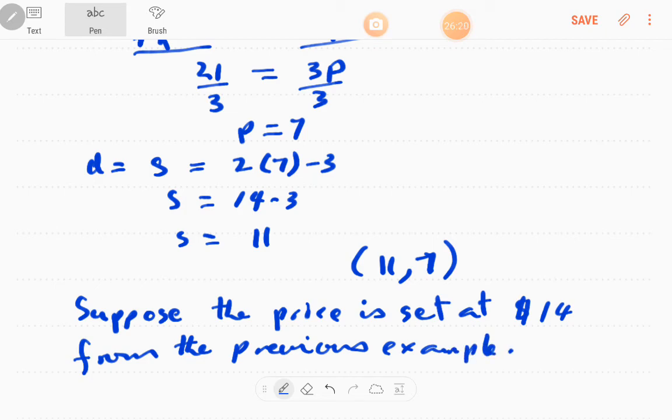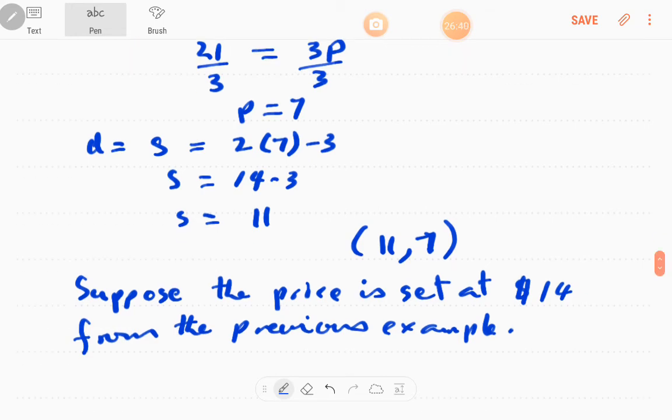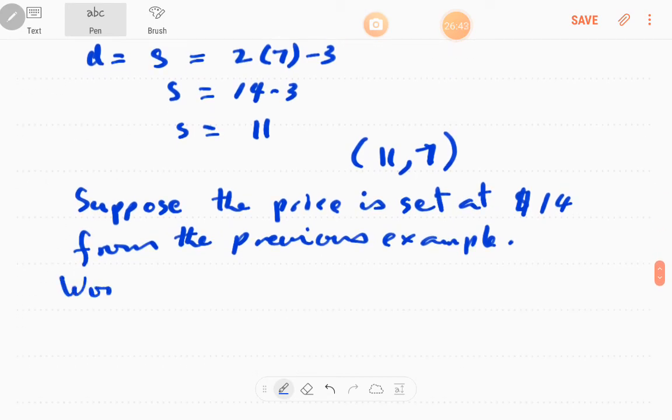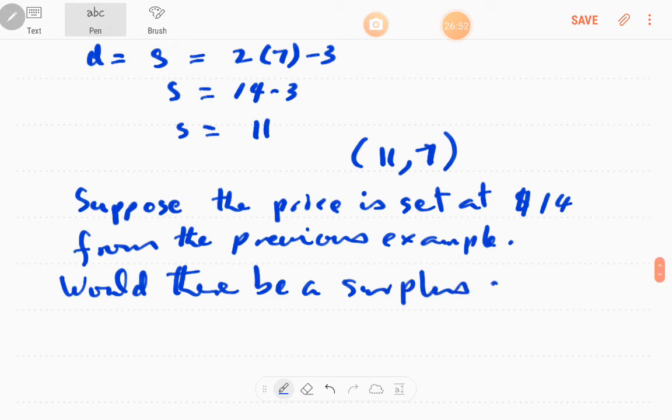Would there be a shortage or surplus of quantity supplied?